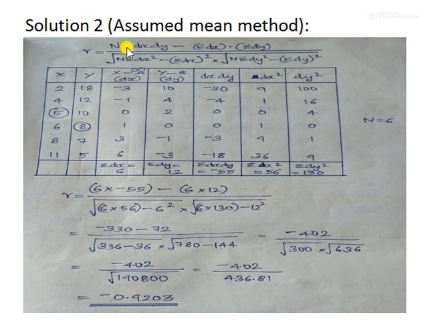Here the various components such as sigma dx dy, sigma dx, sigma dy, sigma dx square and sigma dy square can be computed by constructing a table, and after obtaining all these values we place them in this formula, and thus we get R equal to minus 0.9203.